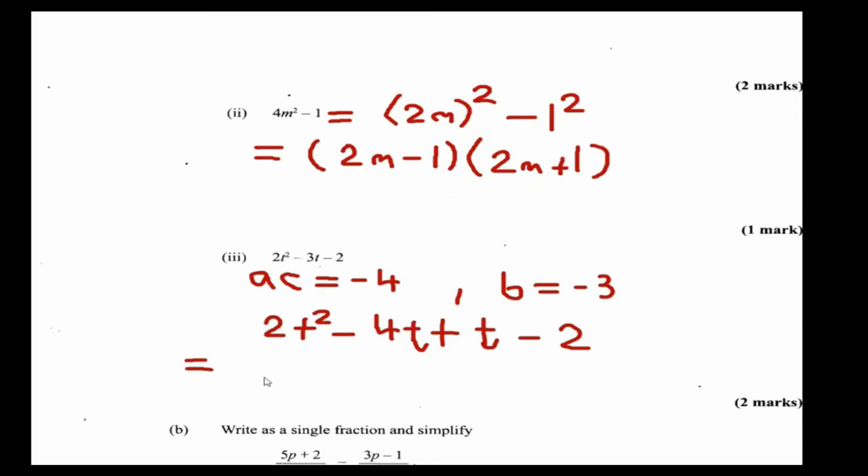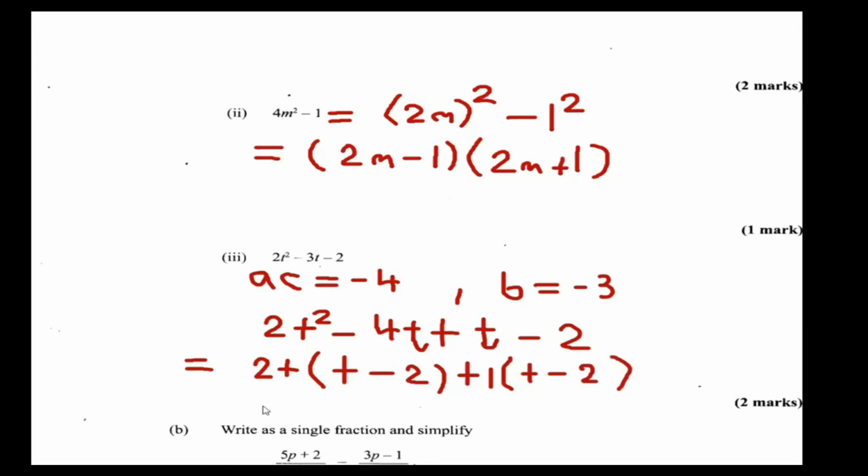From the first 2, the highest common factor is 2t. So we're going to factor out 2t. Factoring out 2t, we're left with t minus 2. And then from the last two terms, we're just going to factor out 1 because there's no common factor higher than 1 there. And so we're going to have t minus 2.